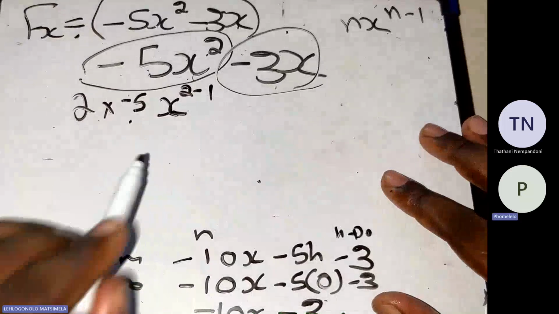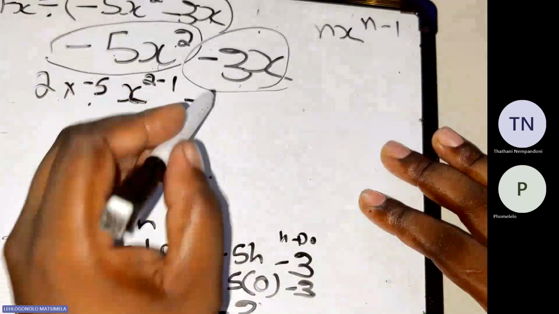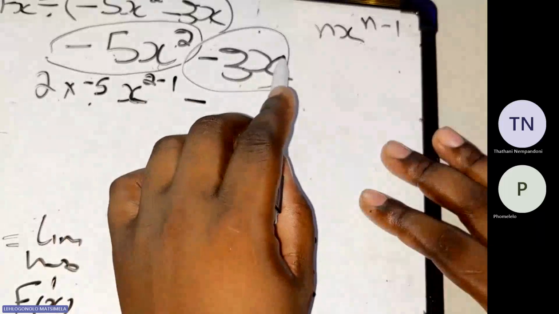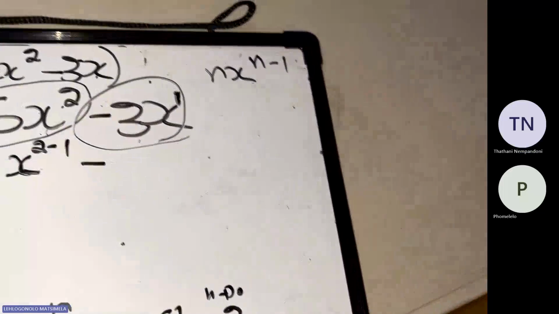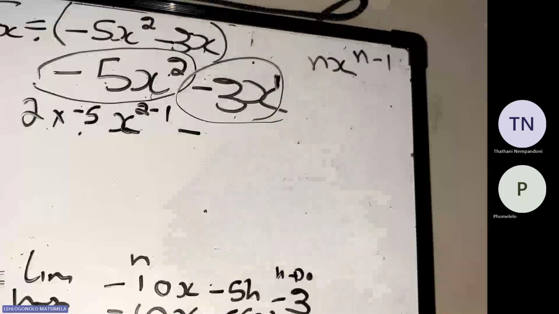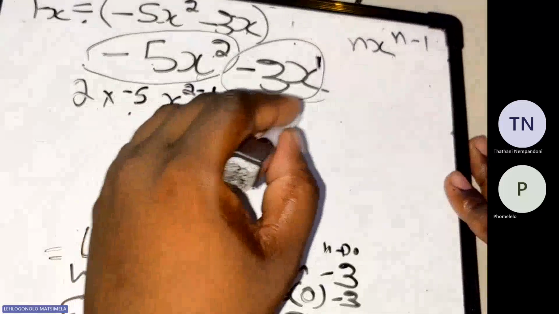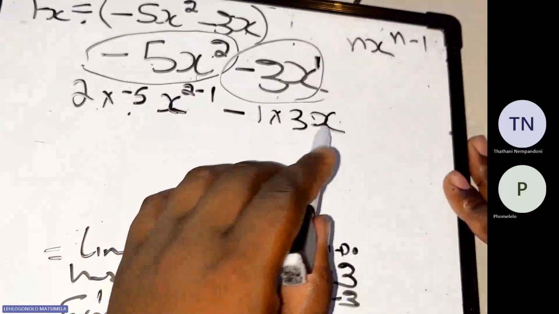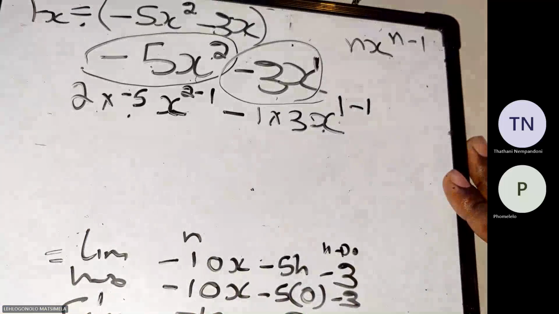That is the first part, independently. Then the second part, I will say minus, and then I will have the exponent of this x, 3x here. If there is nothing on the exponent but there is x, it means the exponent is 1. The exponent of x is 1. Then I will have 1 multiplied by 3, x as a base, and then exponent is 1, then minus 1.